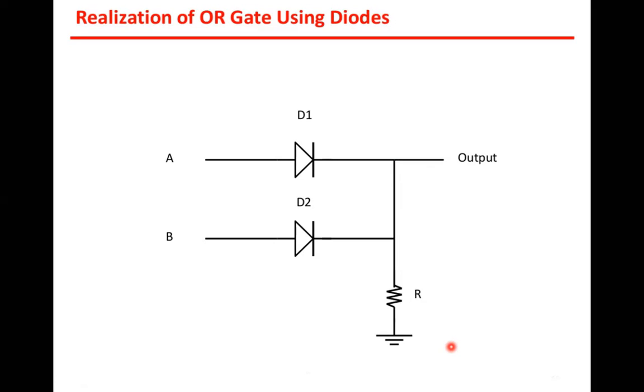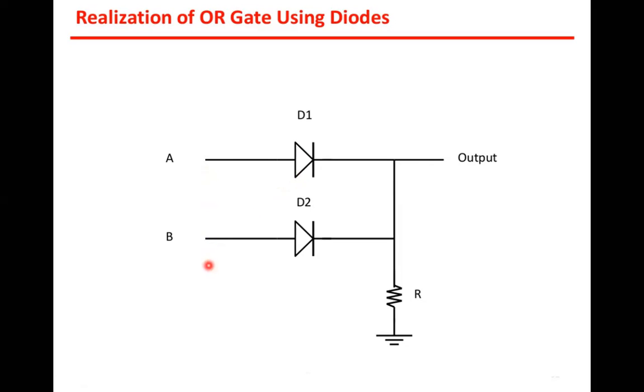A0 and B0. When both A and B are 0, that is low, the output voltage is low because the diodes are non-conducting. Because when I connect this to the ground directly and this to the ground, it means negative is connected to the P type of the semiconductor.